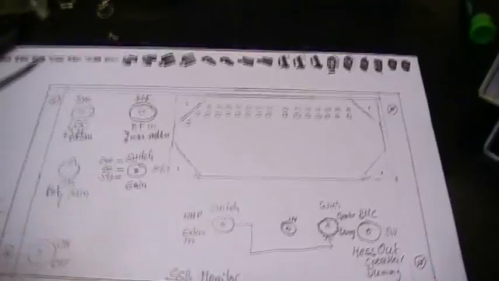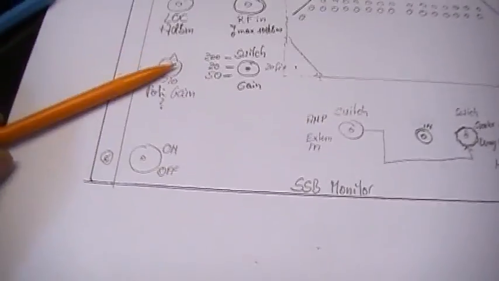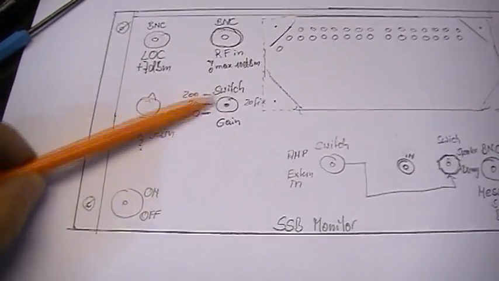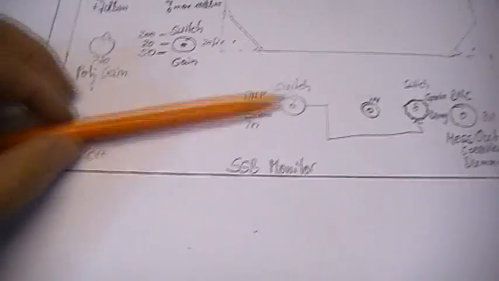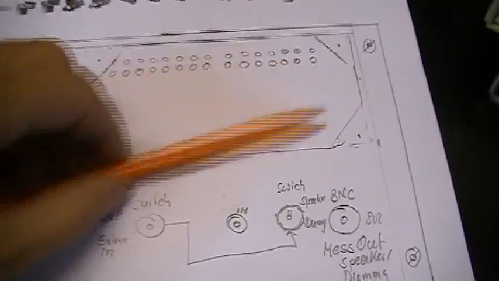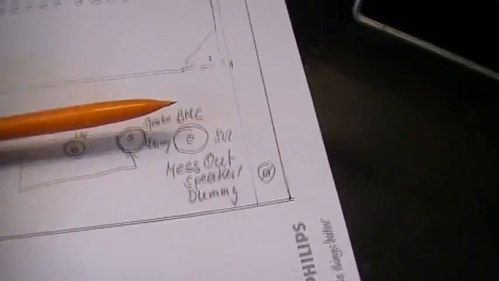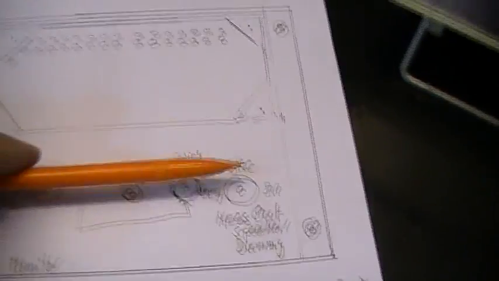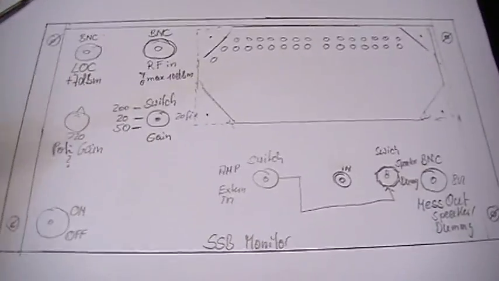I need to put the BNCs and all the switches and what have you, and at least the speaker, which should go here in the upper corner, and some measure BNC outputs and such.